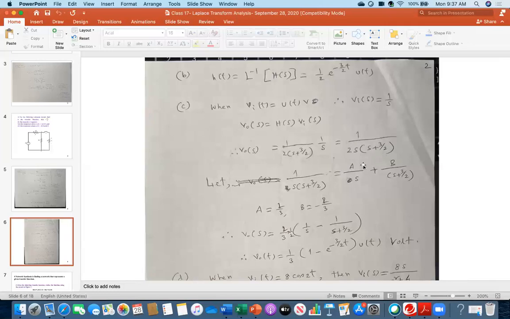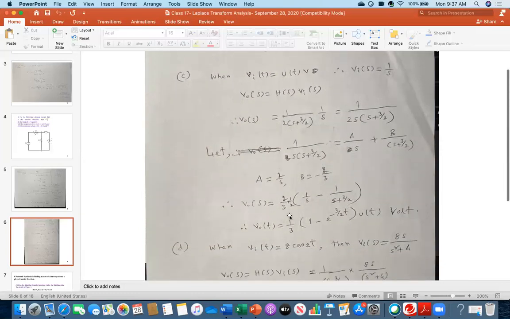Now, because you have to express this in the time domain, you see I am applying partial fractions, or whatever residue method or cover-up method you use. I got A equal to 2/3, B equal to minus 2/3. And then I'm substituting. This means Vo(s) is 2/3 times (1 over s minus 1 over (s plus 3/2)).